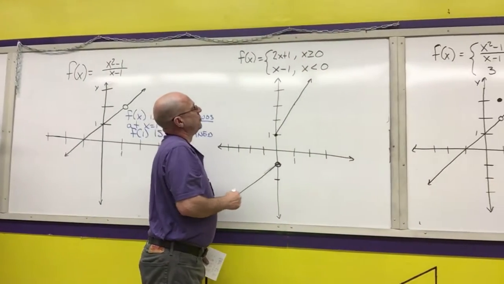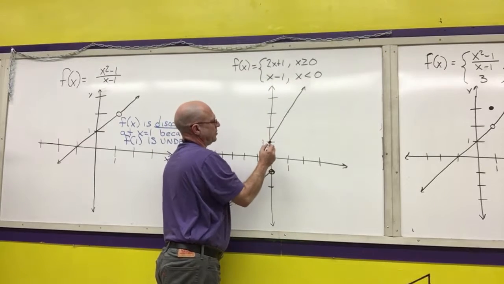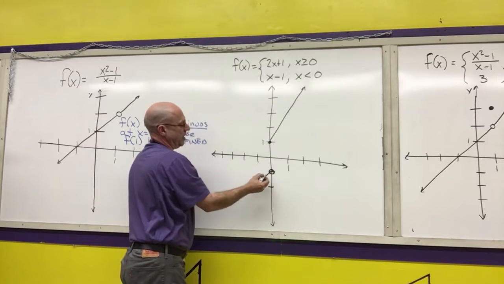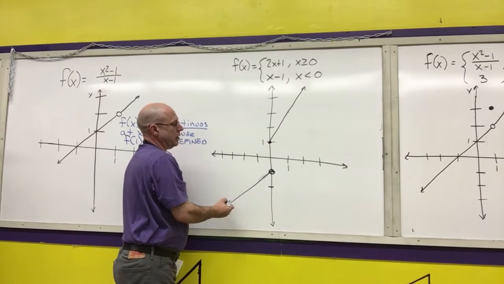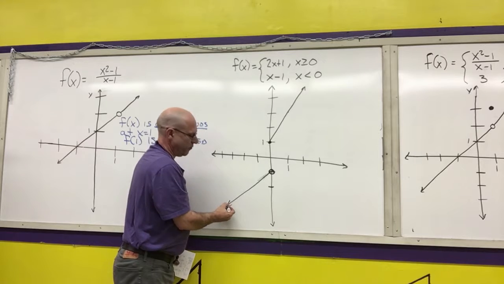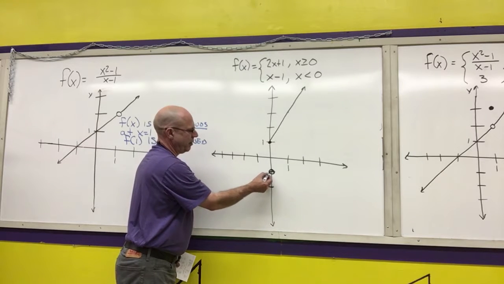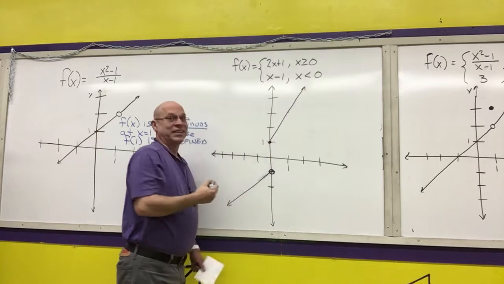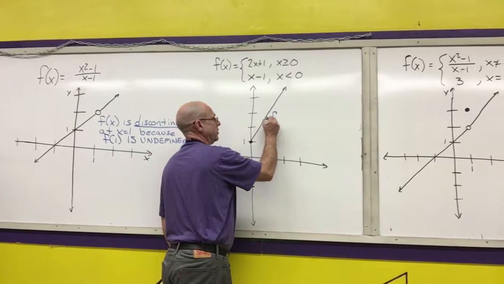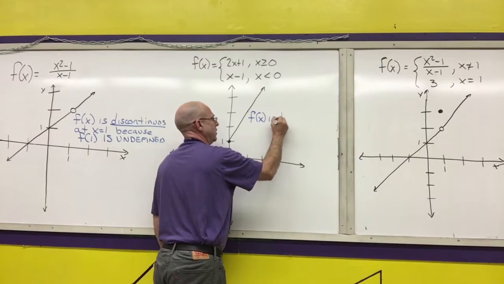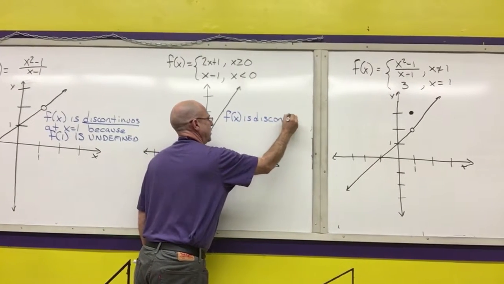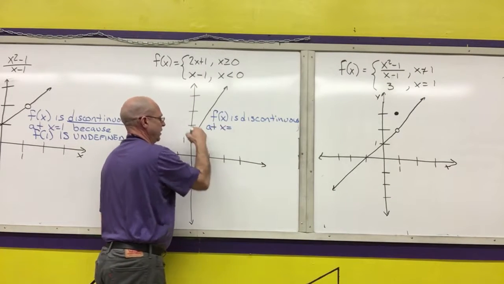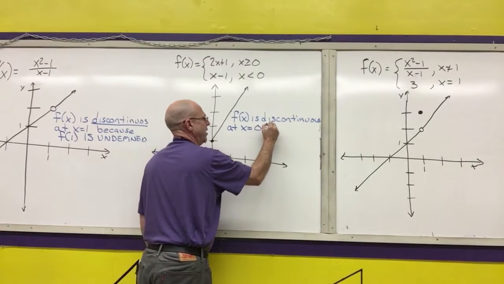For the second example, I have the piecewise function 2x plus 1 when x is greater than 0, which is this portion of the graph, and x minus 1 when x is less than 0. Again, using the informal definition, if I come over to here, I have to lift my pencil off the paper in order to continue the function. So we're going to say that this graph is discontinuous at x equals 0, and we have to have a reason.